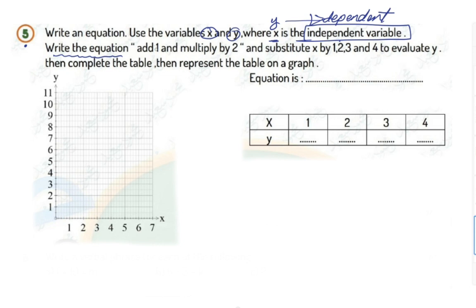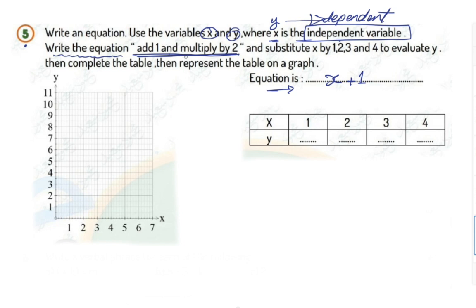What is the equation? Add 1 and multiply by 2. So I need to convert these words to an equation and write it here. Note with me, add 1. Add 1 to what? To the independent variable, x. So I will add 1 to x.